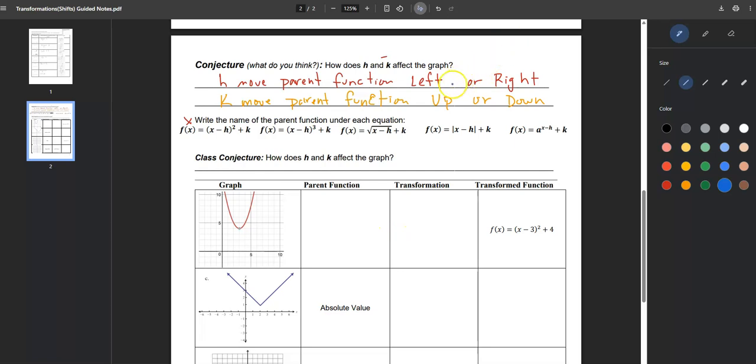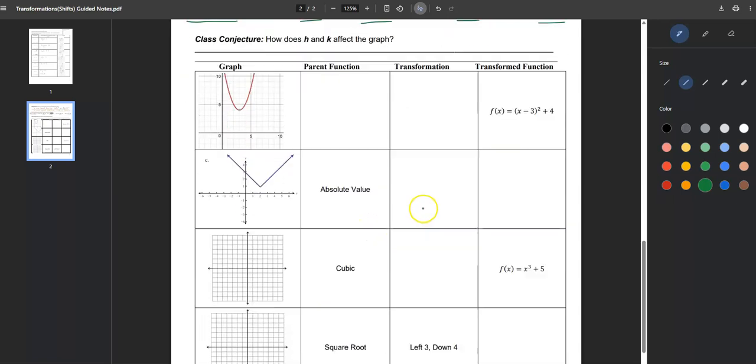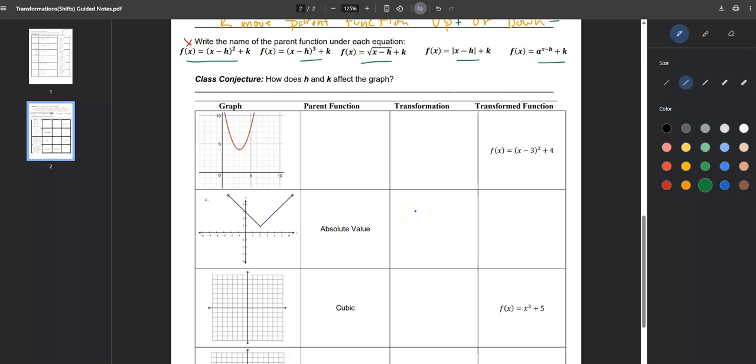So again, if H is positive, it's going to move it left. If it's negative, it's going to move it right. And then up is positive and down is negative. Okay, the inside's opposite of what you think. So this is how this looks for all of these bottom ones down here, all 5 of these. Okay? All right?